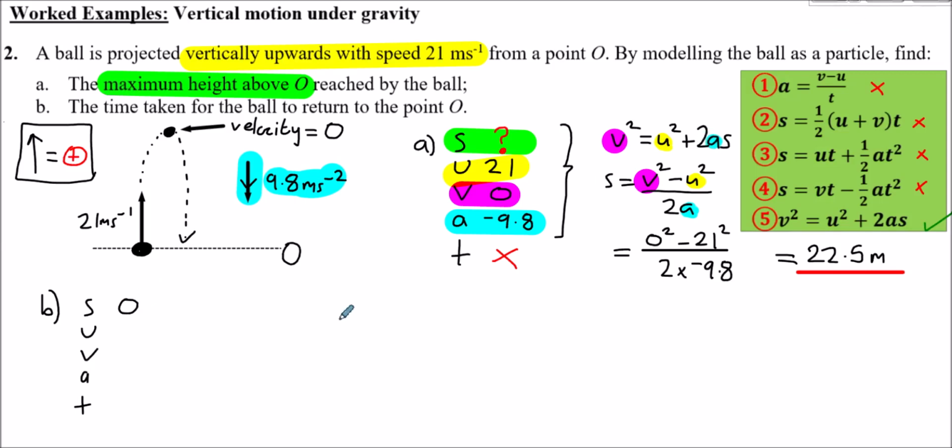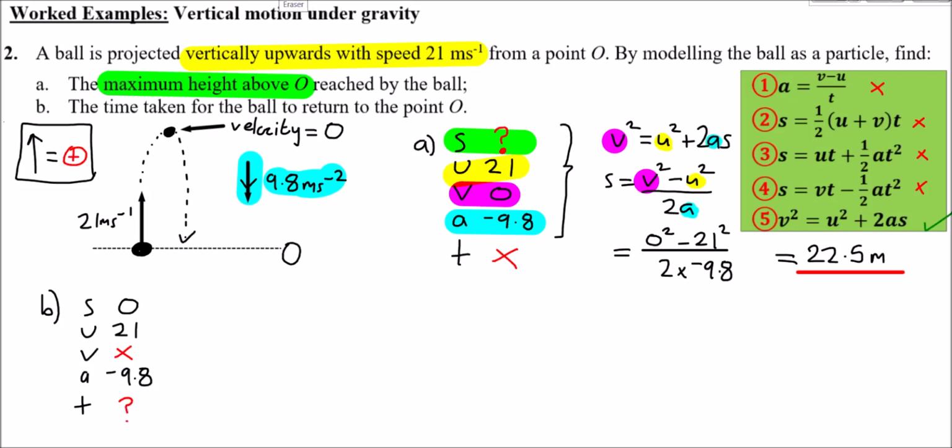U is still 21, because it still went up with an initial speed of 21. V, when it gets back to point 0, we don't know what it will be, and we're not asked to work it out. So I'm going to ignore v, put a cross by it, we're not interested. A will still be minus 9.8, but this time t is what we're interested in.